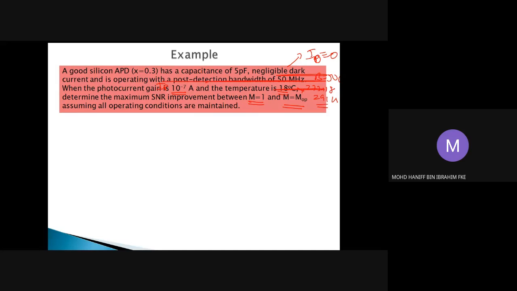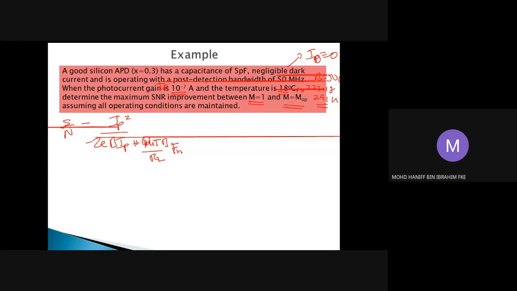Based on the SNR equation for the case of PIN photodiode, SNR is equal to IP squared over 2EB of IP, because we ignore the dark current, plus 4KTB over RL, multiplied with Fn. In this case, we assume that Fn equals 1, because no information is given on the noise figure.